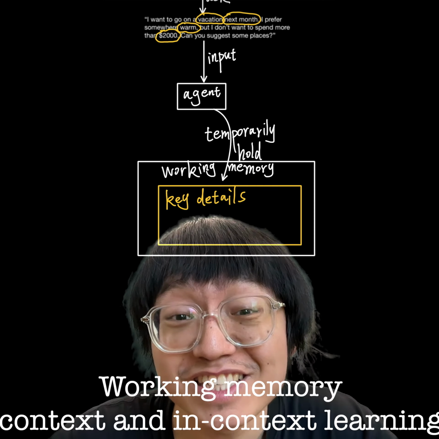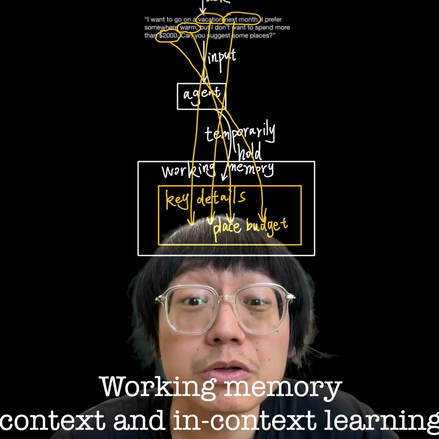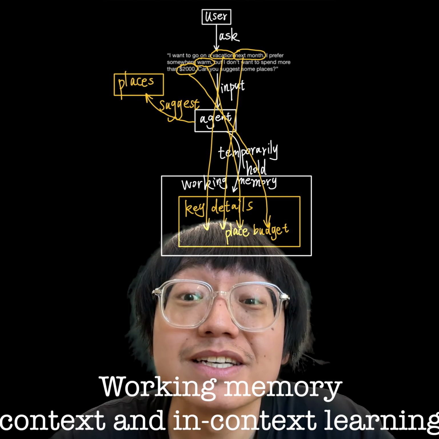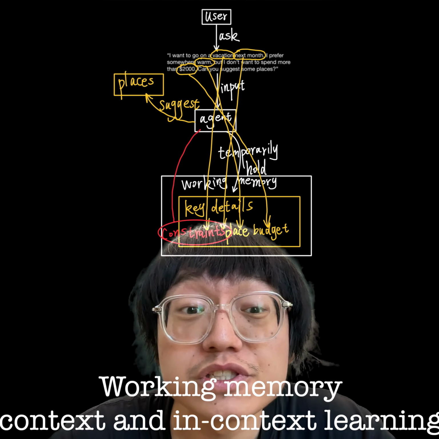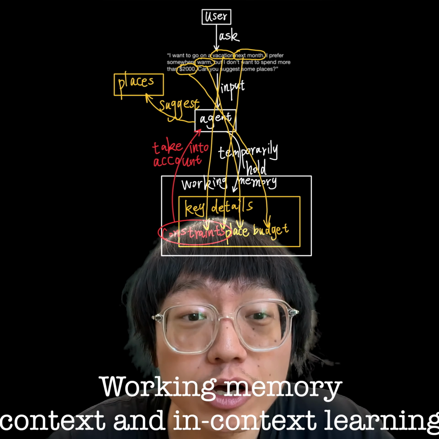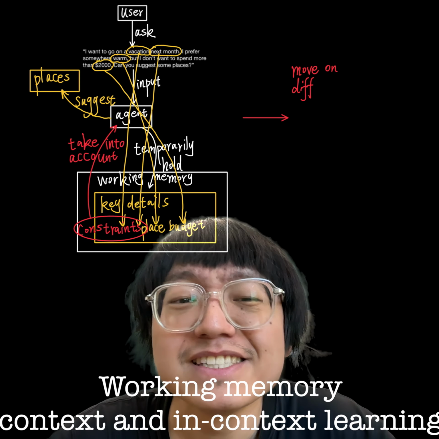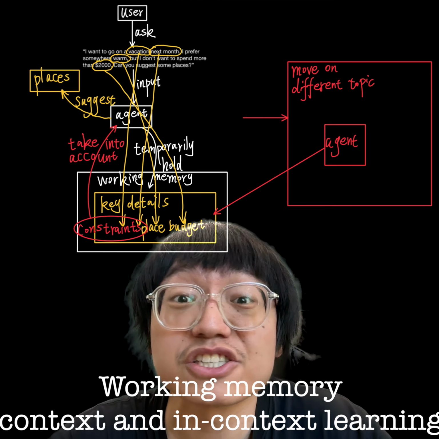Based on this, it may suggest places like Hawaii, Mexico, or the Caribbean that take into account the constraints that you provided. However, once this conversation moves to a different topic, this specific information isn't retained permanently, just like how a human might forget these details once the discussion is over.